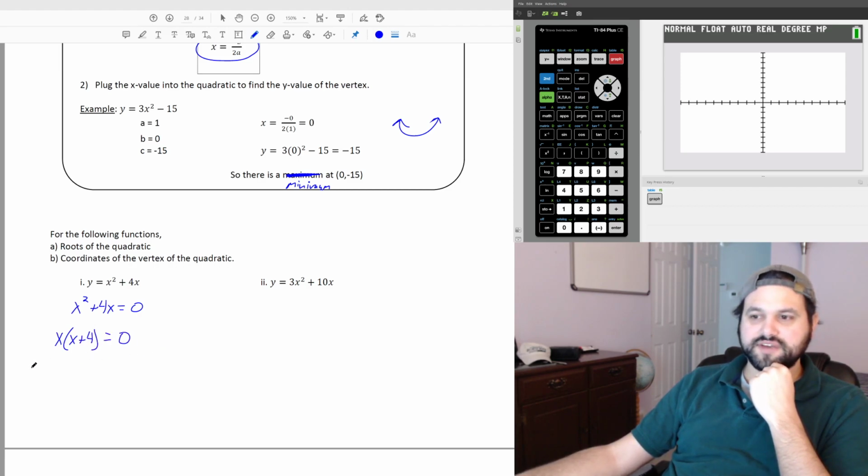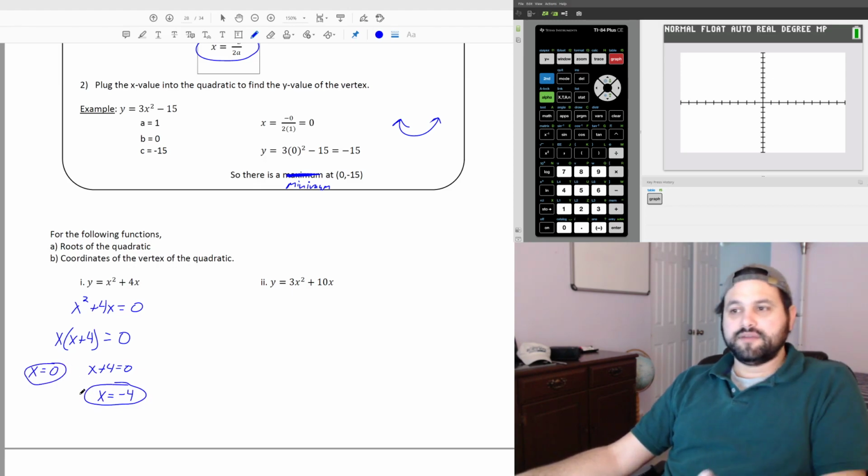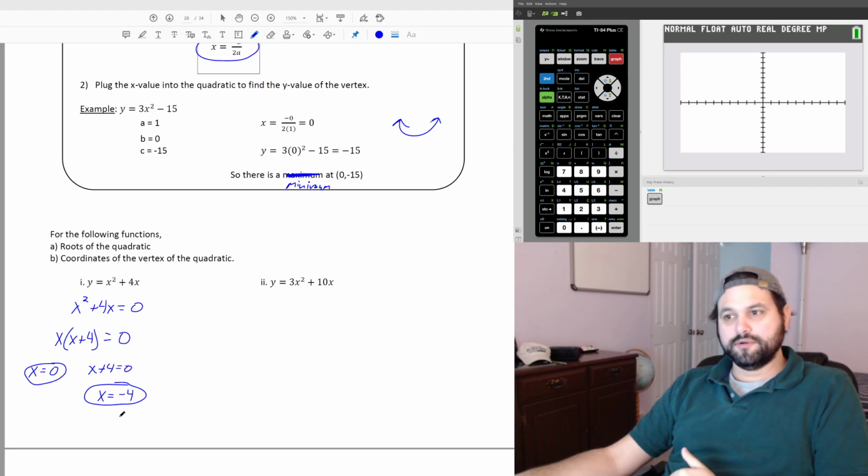Now I can set each factor equal to 0. And so this one's done, right? x is already by itself. This one I just have to subtract 4 from both sides to get that x by itself. So there's part A, right? My roots, my x-intercepts, are x equals 0 and x equals negative 4.